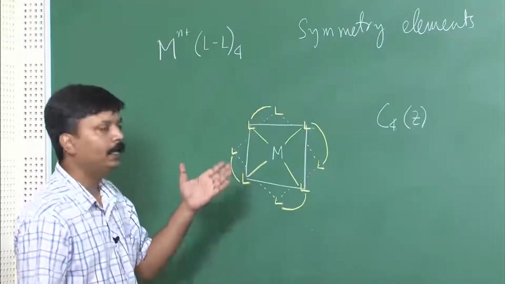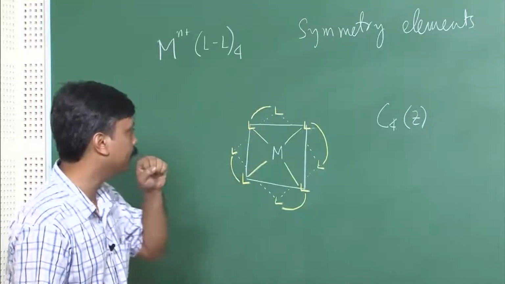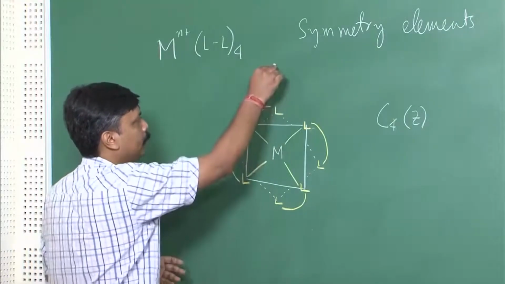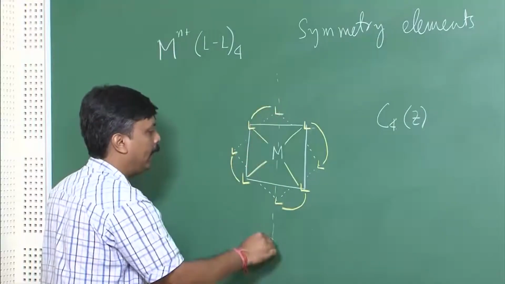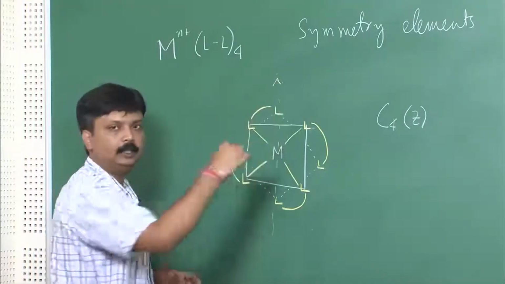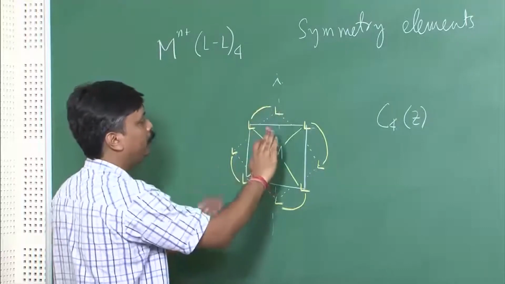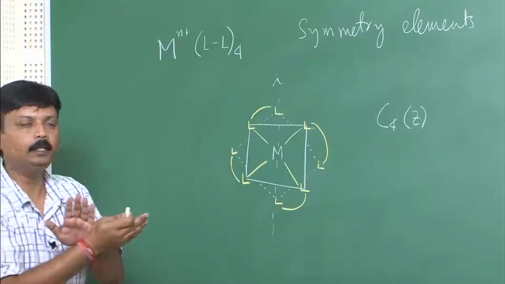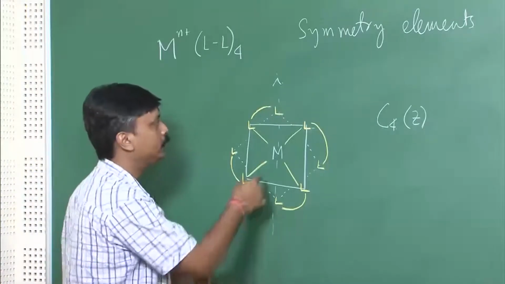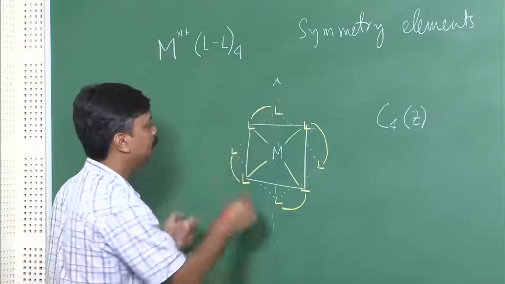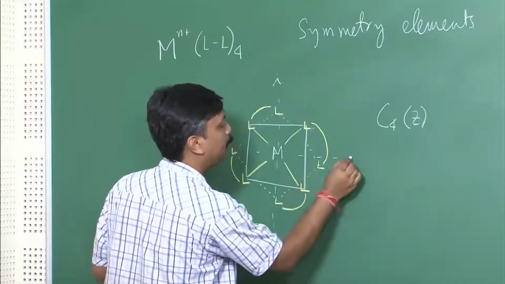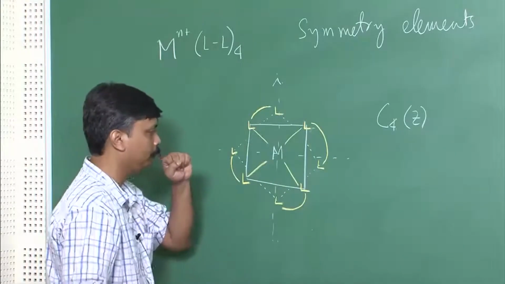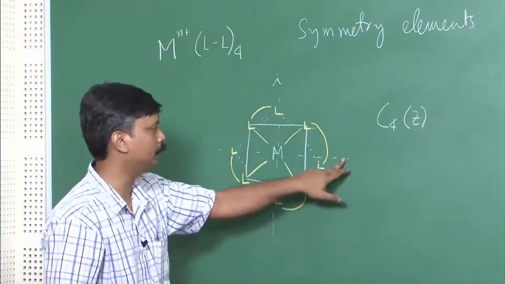What are the other elements that are possible here? You can imagine an axis perpendicular to this Cz, which will flip this molecule if I rotate by 180 degrees about this axis. So this will be a perpendicular C2. Similarly, I can find another perpendicular C2 in this direction. So we have two perpendicular C2s.